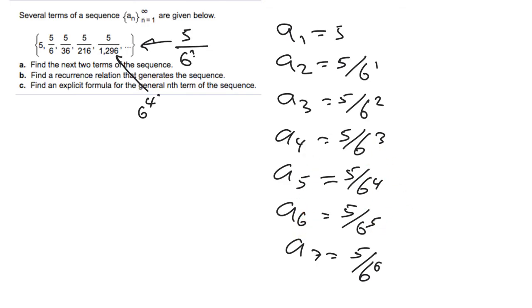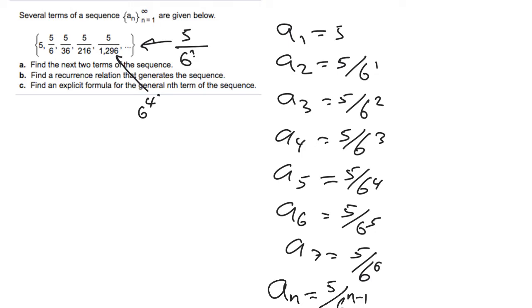So what's the relationship between the subscript and the power? If you look at it, in each case you'll see that the power is 1 less than the subscript. So our guess might be that a sub n is just 5 over 6 to the n minus 1. a sub n is always 5 over a power of 6, but the power of 6 is 1 less than the subscript. That's actually the answer to C.